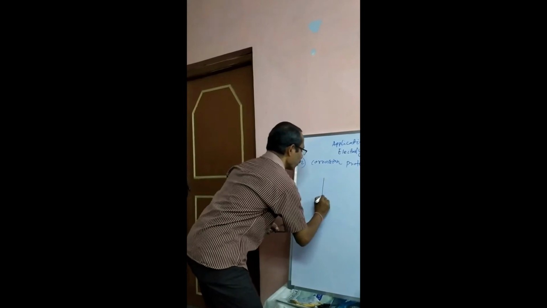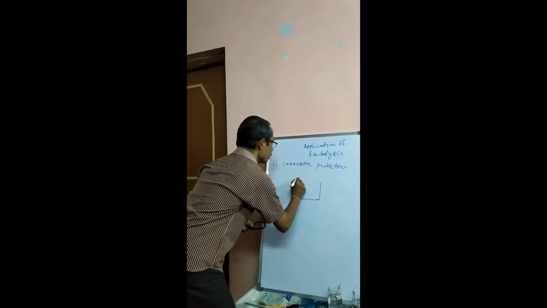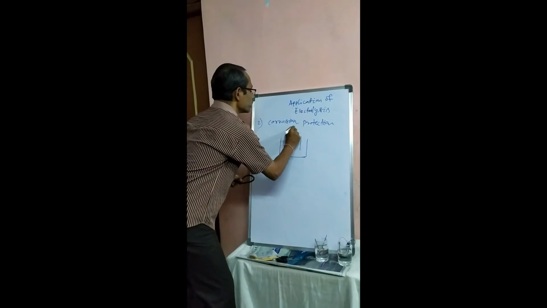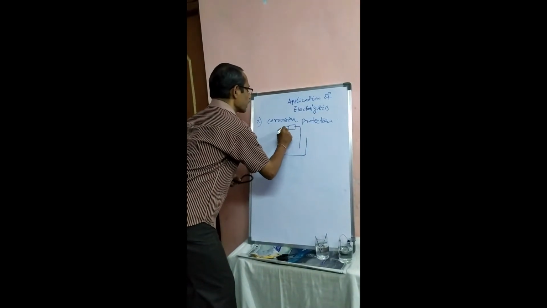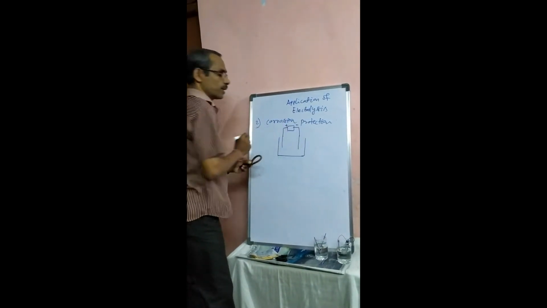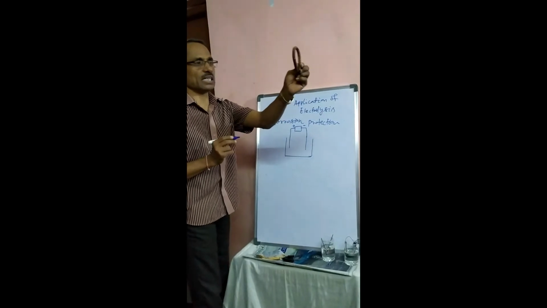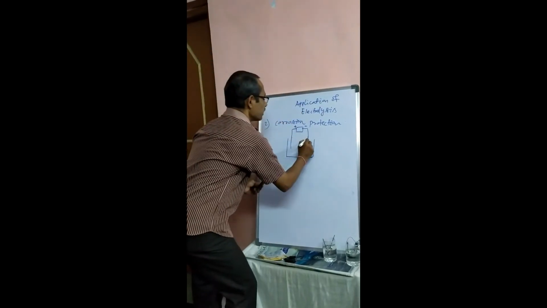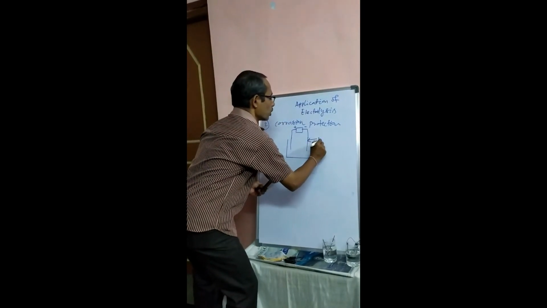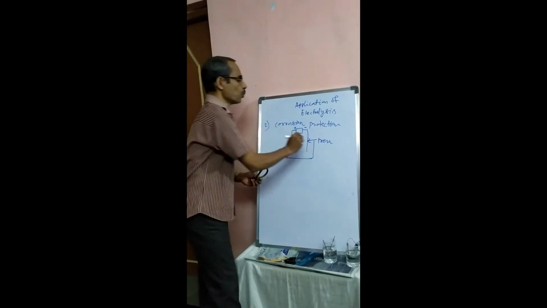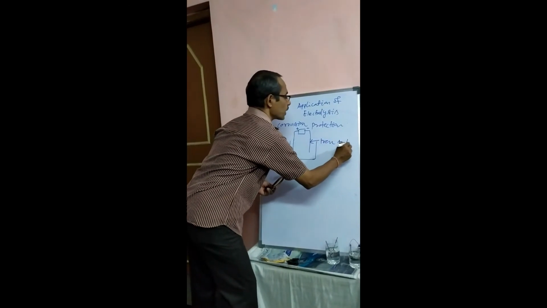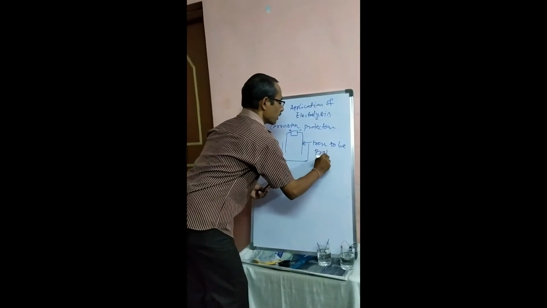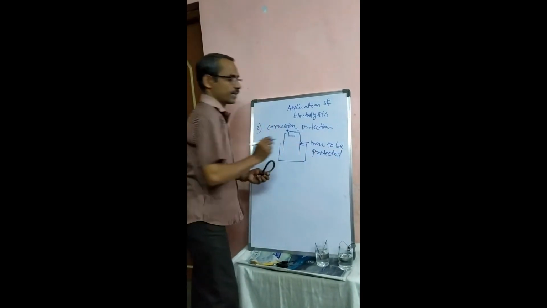As I mentioned before, for example, these are the two electrodes. This is your battery and it is connected here like this. This is positive, this is negative. Now this is your iron, and the iron is to be protected.